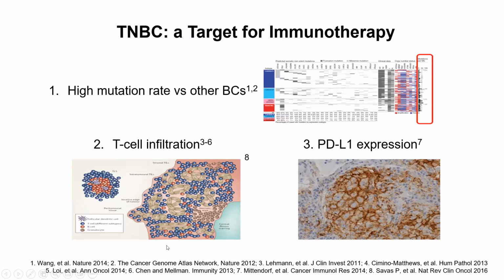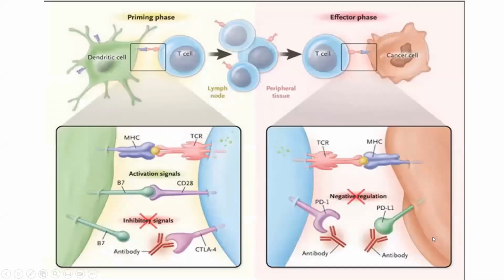We know that triple negative cancers do have T-cell infiltration, as well as expression of a protein called PD-L1. This is what should normally happen here with a T cell. A dendritic cell will come up and present an antigen or a protein to a T cell and say, hey, recognize this, and generate an immune response against it.